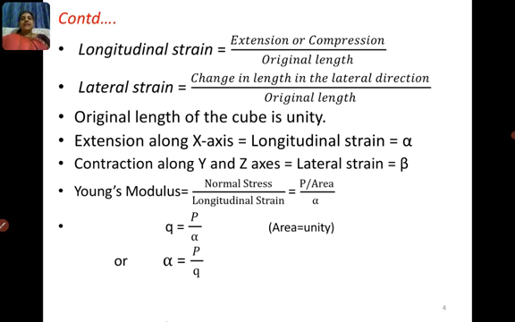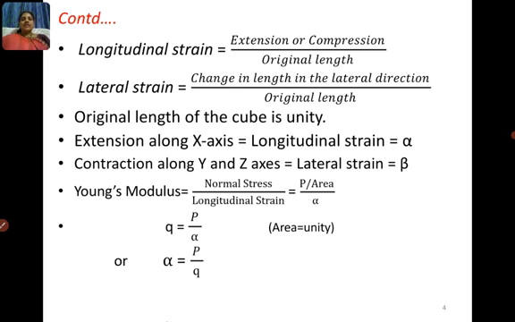The original length of the cube is unity. Hence, the expansion along the x-axis is equal to the longitudinal strain and it is taken as alpha. The contraction along the y and z axis is called lateral strain and is taken as beta.